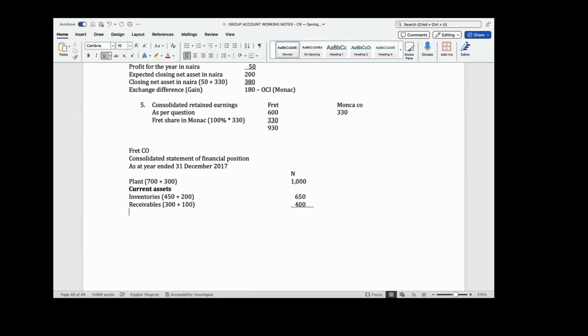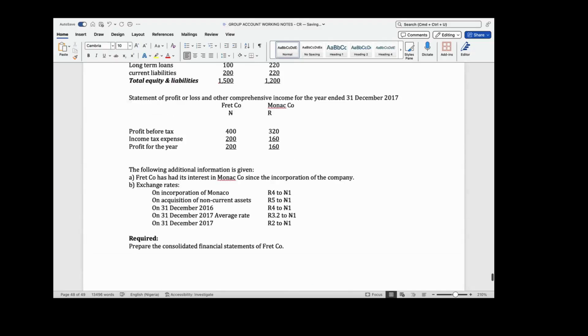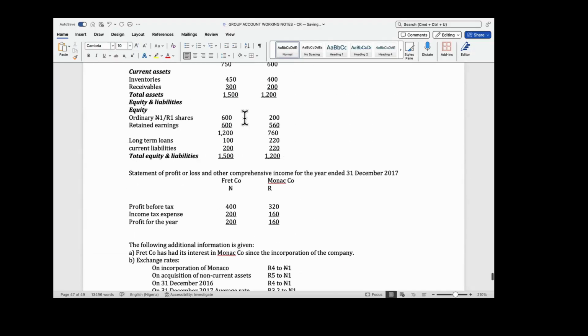What's my total assets? 1,050. Oh, 2,050. So my equity and liabilities: share capital, that will be share capital of the parent, just 600.